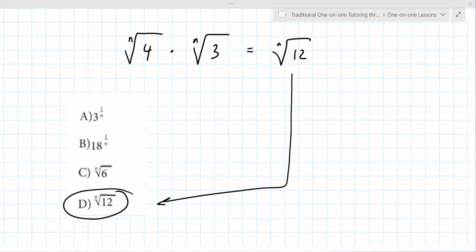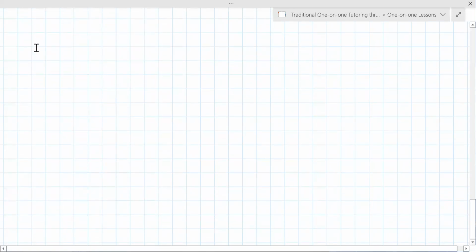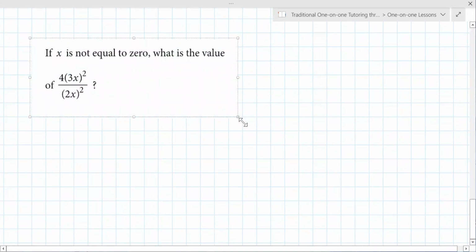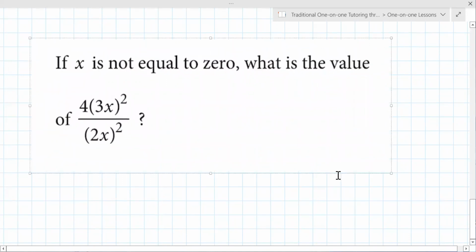Okay, so let's have you try something like this on your own. It's a little bit different, but I just want you to simplify this. See how you're doing on this.